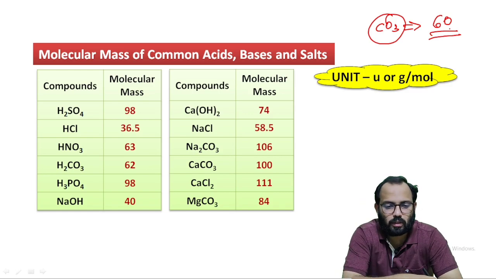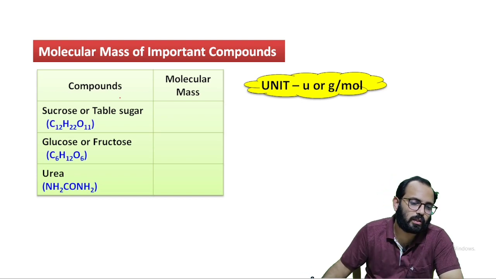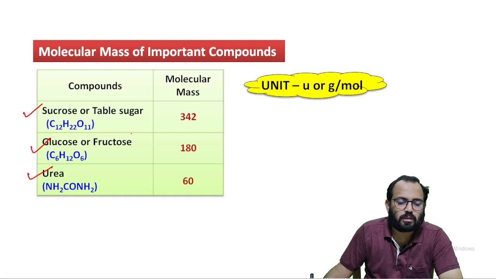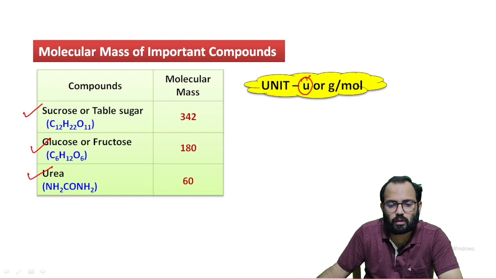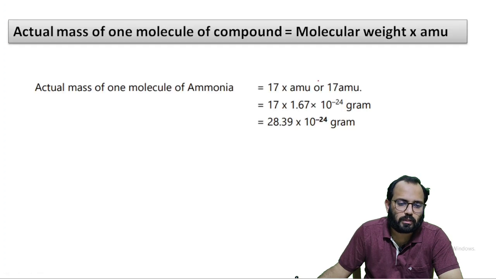Then you can solve all the other molecular mass questions. And these are very important compounds like sucrose, glucose, and urea. Most of the time they'll directly ask you the question. Sucrose 342, glucose 180, and urea 60. And the unit can be U or gram per mole. For one atom it is U, for 1 mole of atoms it is gram per mole. So that is how it goes.